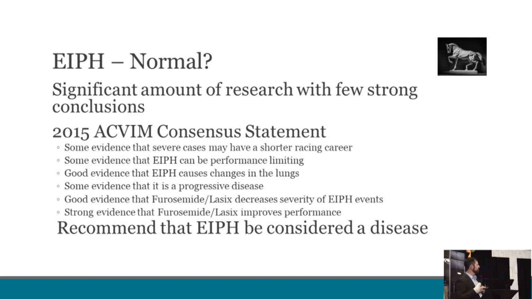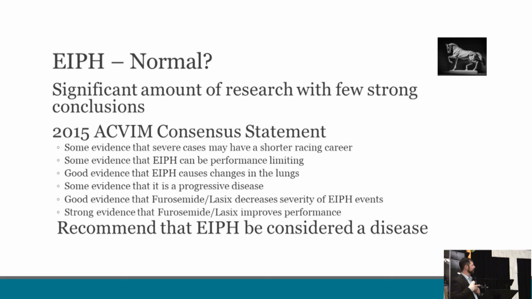And so again, these people got together and they looked at all of the research that was out there, and they found that there was really a lot of research without a lot of really strong conclusions. But they looked at the whole breadth of information that was there, and they were able to draw a few conclusions.